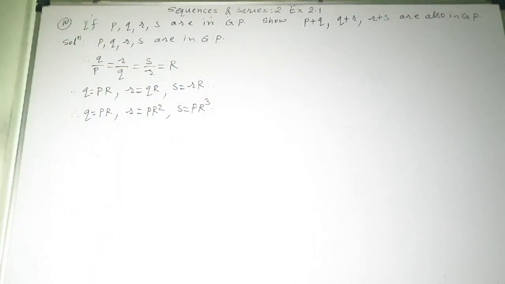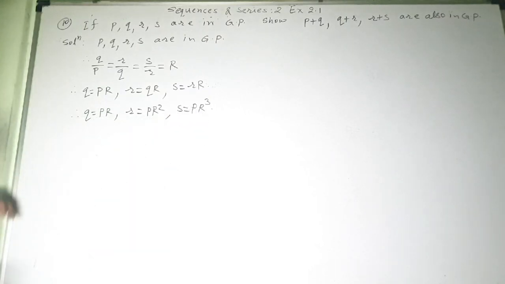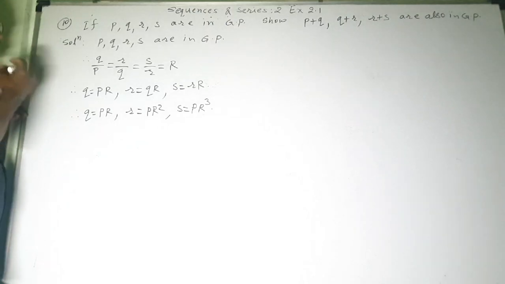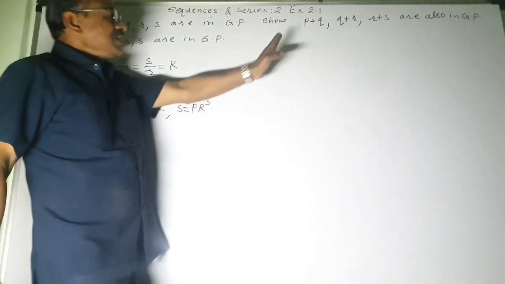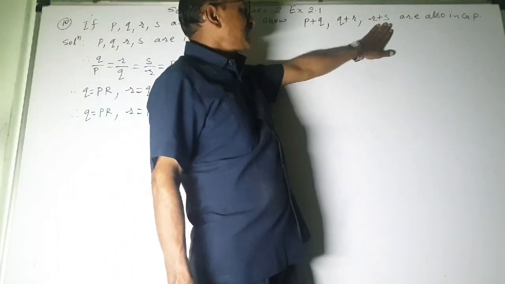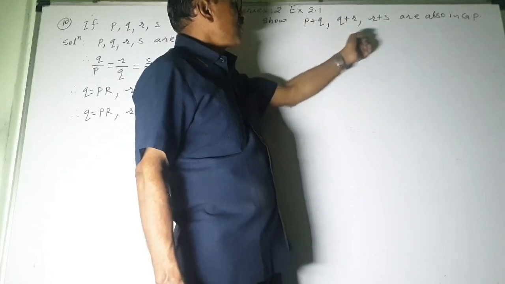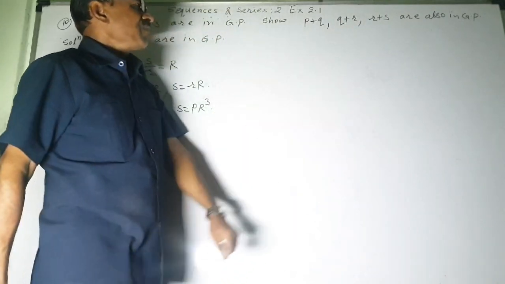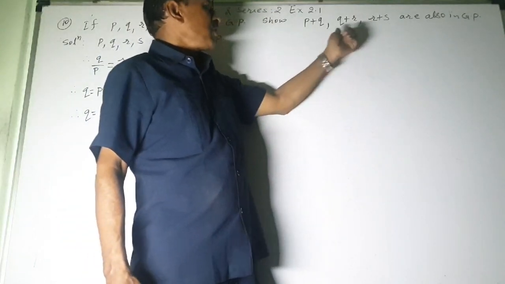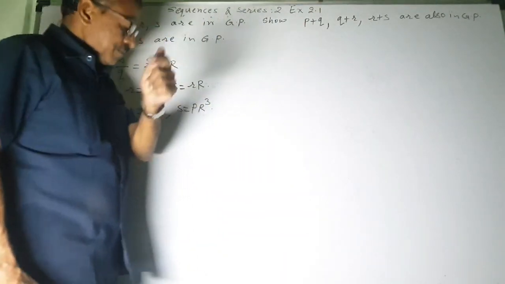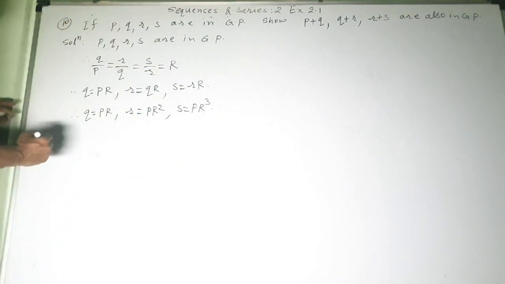So this you have understood. What is this capital R? It is the common ratio. Now, if these are in GP, then their ratios will be constant. So I will find this upon this, this upon this, and if that ratio is also R, then they are in GP.